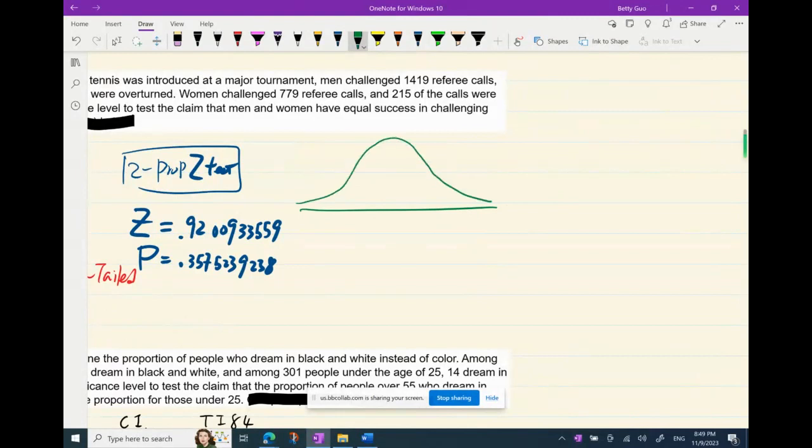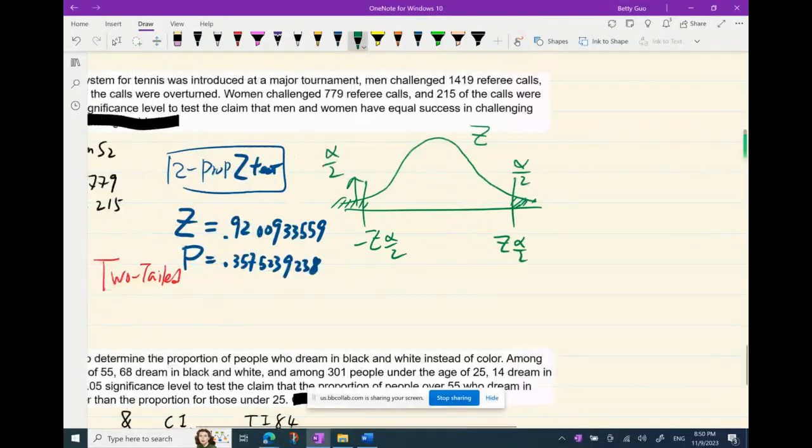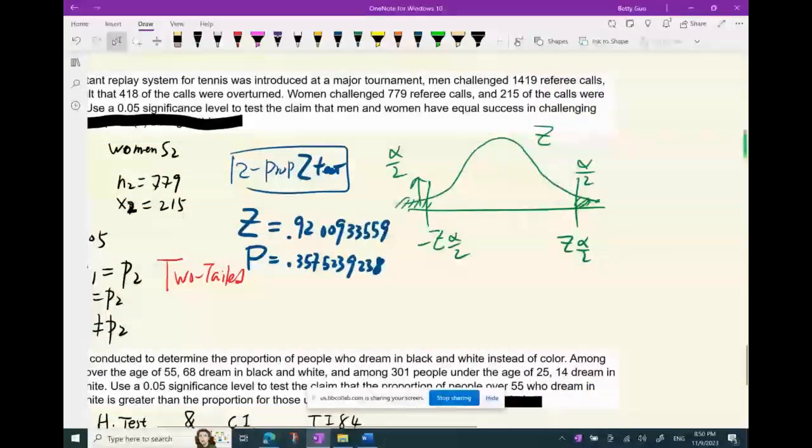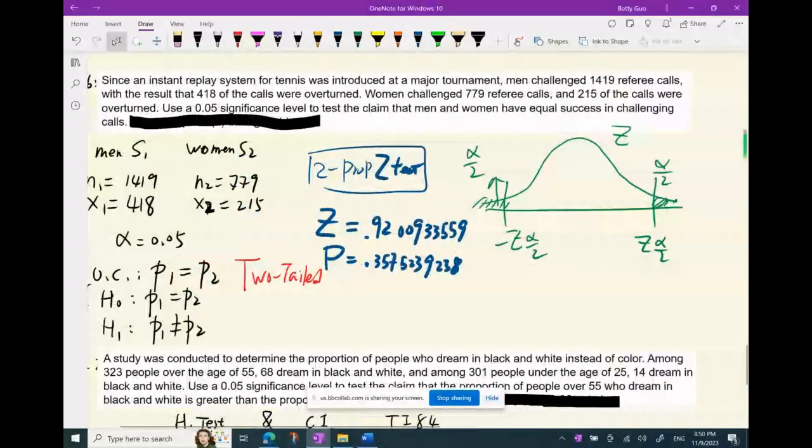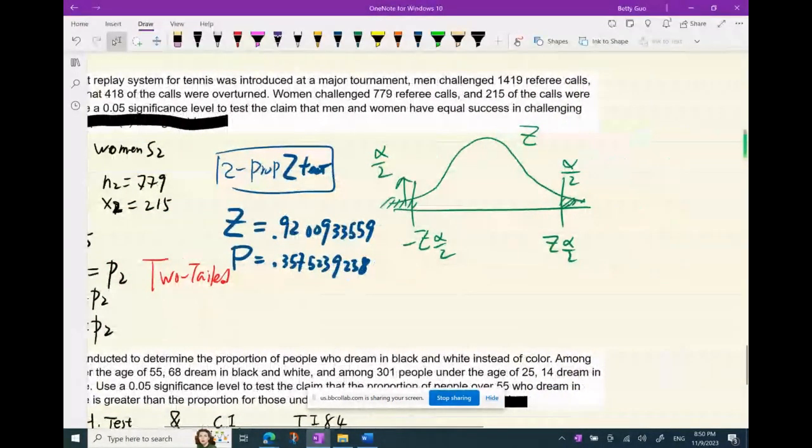This is a two-tail z test, so you're going to have two critical regions in both tails. Here we have alpha over 2, here we have alpha over 2. So we're going to have two critical values, negative z sub alpha over 2 and a positive z sub alpha over 2. And alpha over 2 is 0.025.